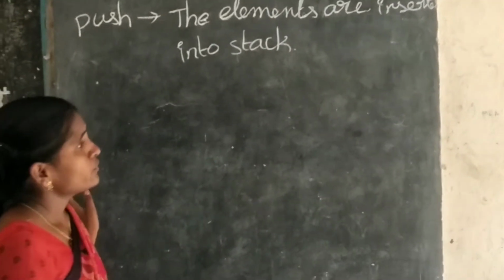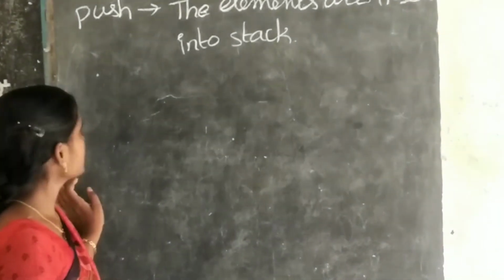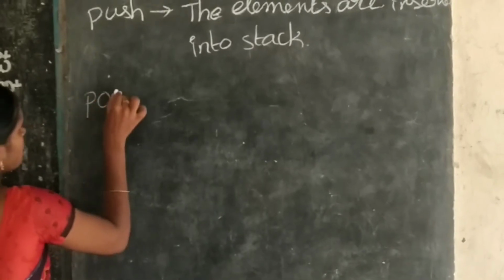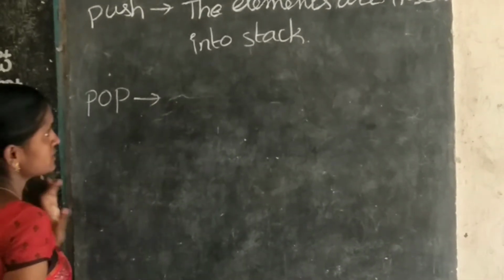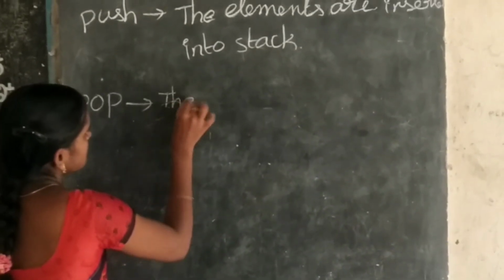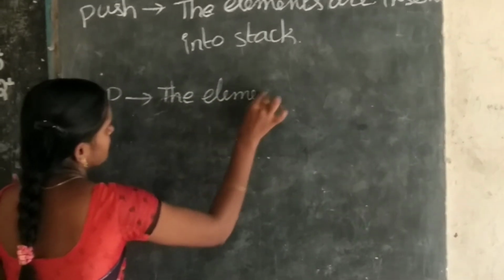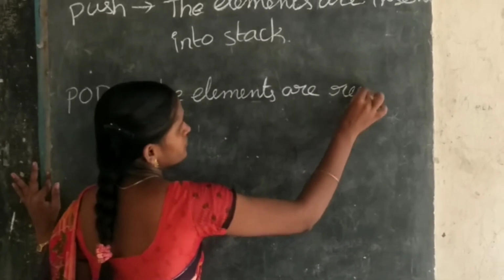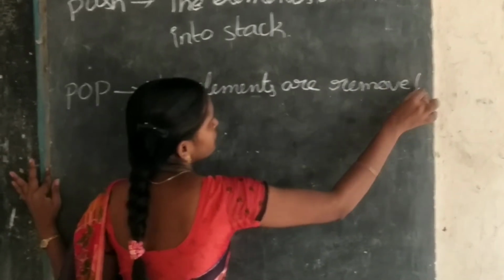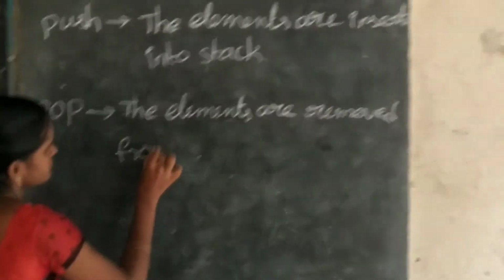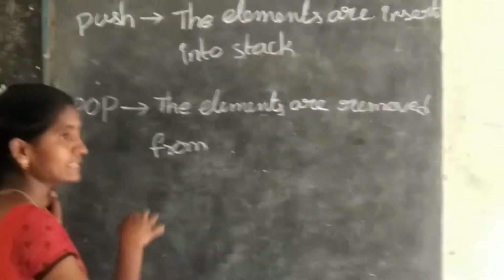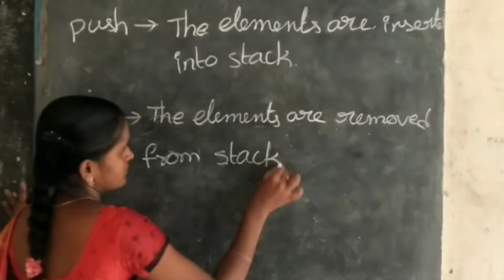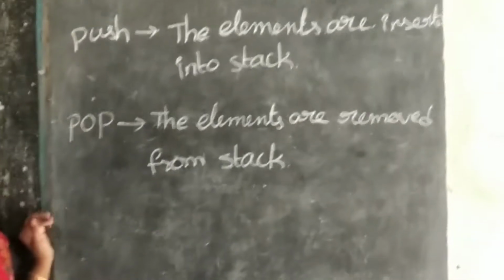Whenever we have to insert elements into the stack, we perform the push operation. And the next one is the pop. Pop means the elements are removed or deleted from the stack.